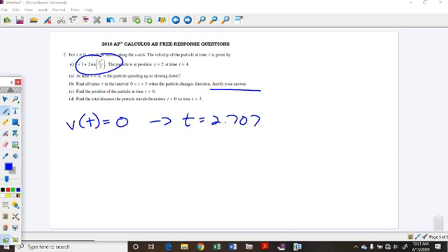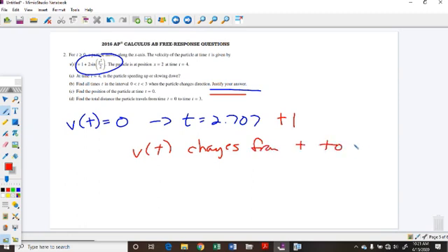Okay, you do get 1 point just for having this, but if you don't justify your answer, you lose the second. Okay, what do I say? I would need to say something like v of t changes from positive to negative.